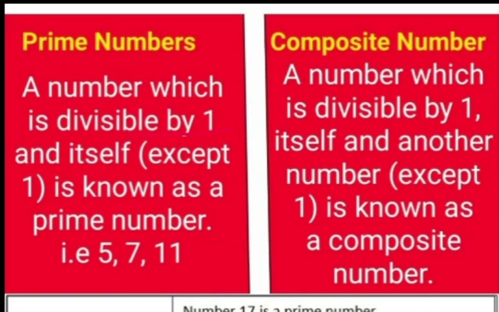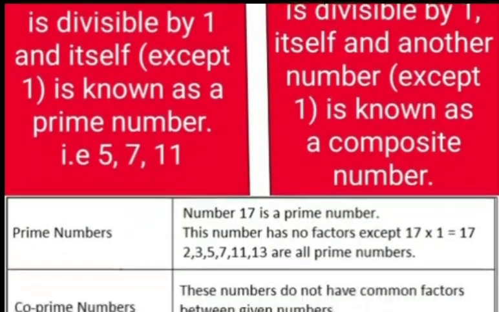Composite number: a number which is divisible by 1, itself and another number except 1 is known as a composite number. For example, 10. 10 is divisible by 1 and also by 10, but 10 is divisible by 2 and 5 also. Therefore, 10 is a composite number.